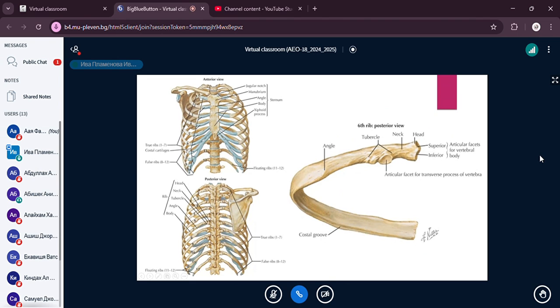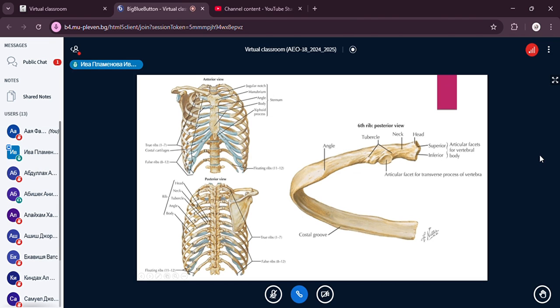With the jugular notch, with the clavicular notch for the clavicle. That's the notch for the first rib here.